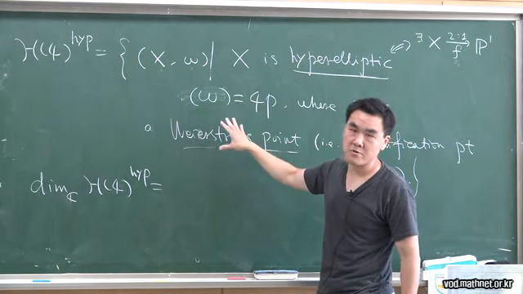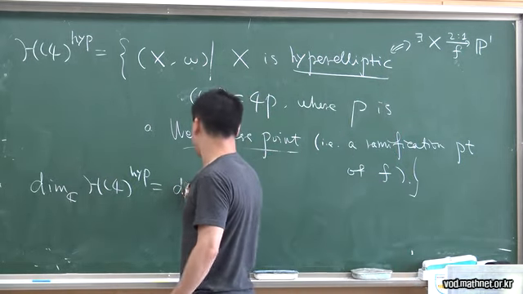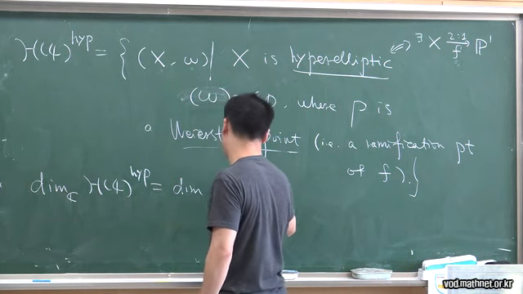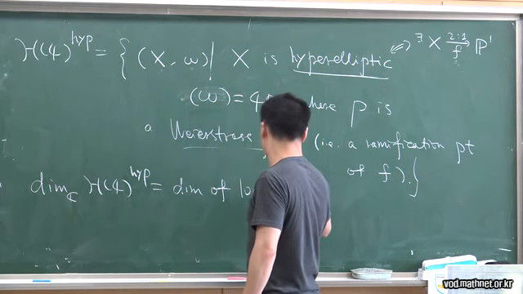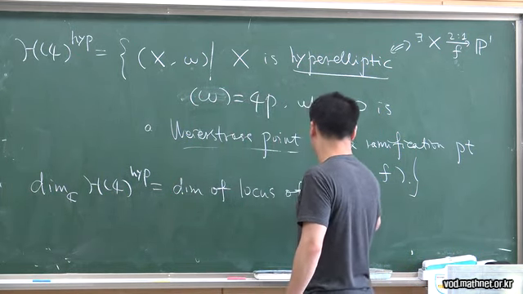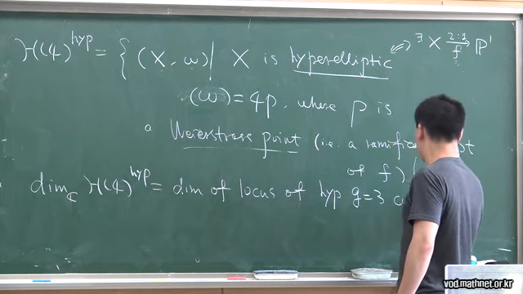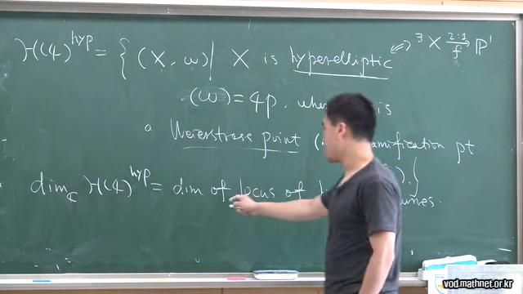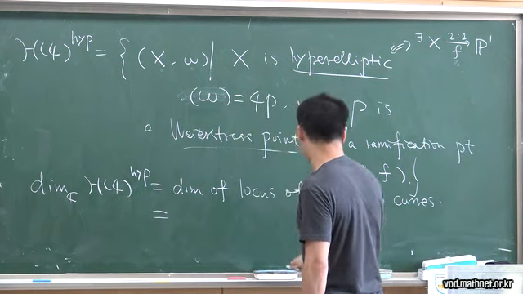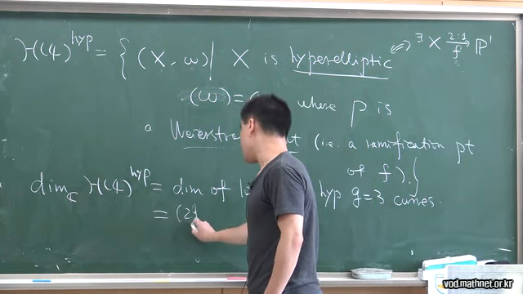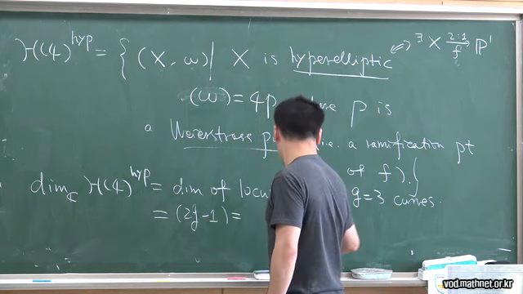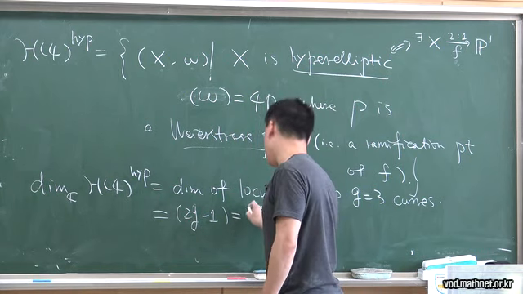That does not add up to the dimension. Hyperelliptic, in this case, genus 3 curves. Now this complex dimension in general equals 2G minus 1. In this case, genus 3, it is 2 times 3 minus 1, which is 5.